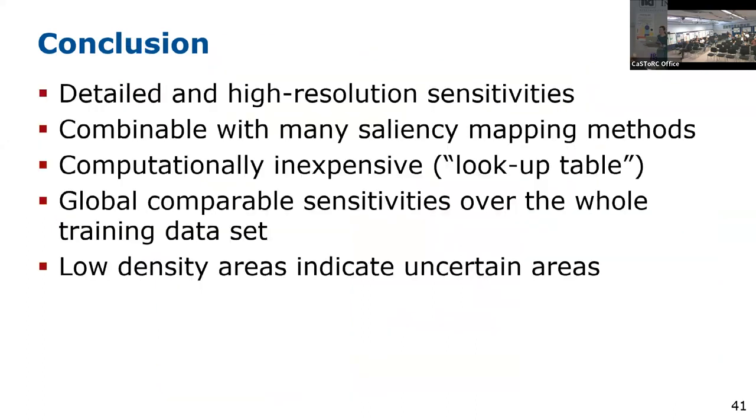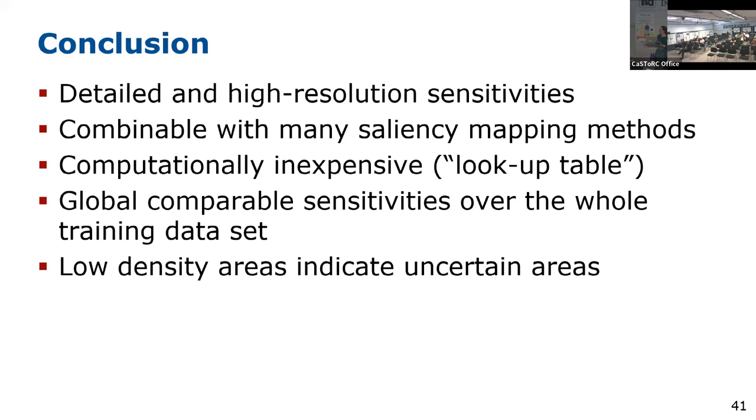To conclude, for this part, the good thing is we have detailed and high resolution sensitivity, and this is actually something new. Due to the specific structure of the network, most interpretation tools, most saliency maps will give you only these blobby results where you cannot really identify something.